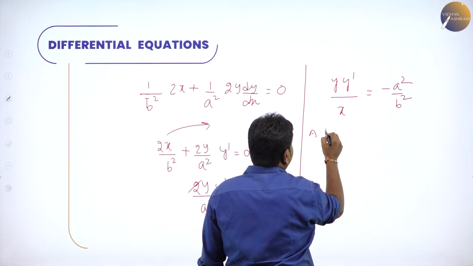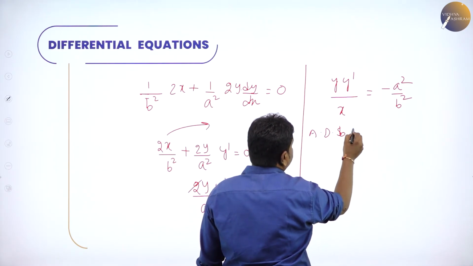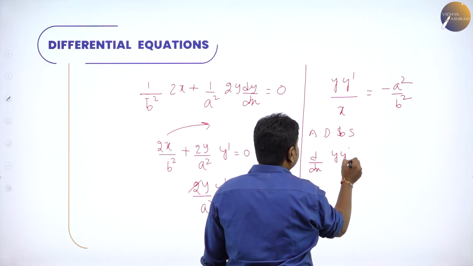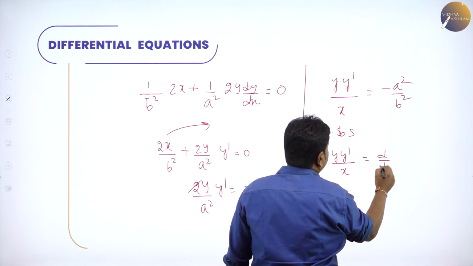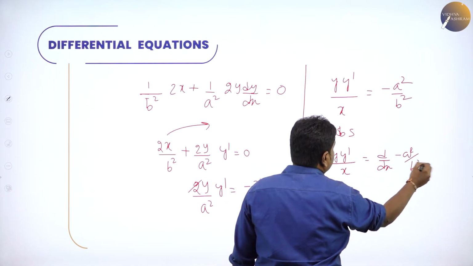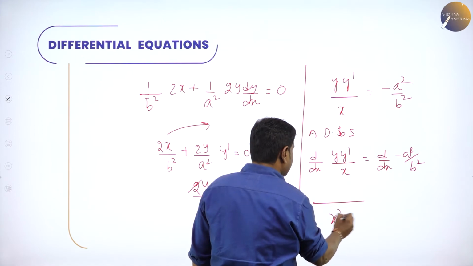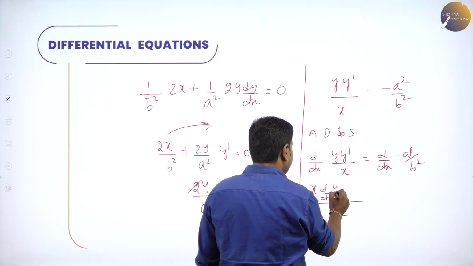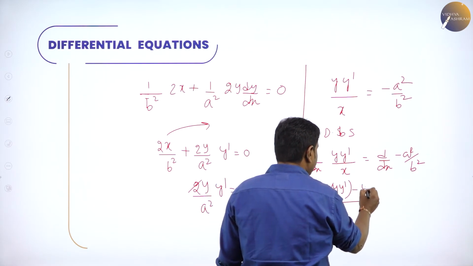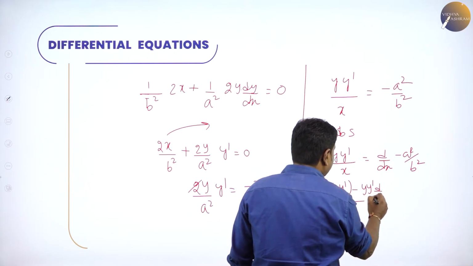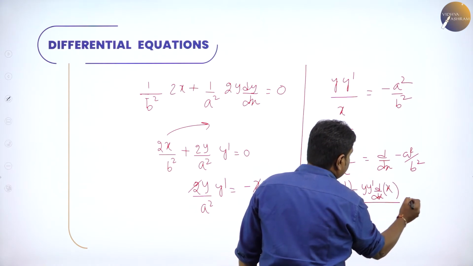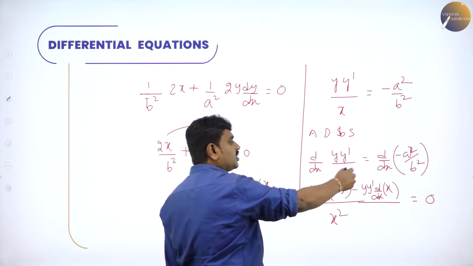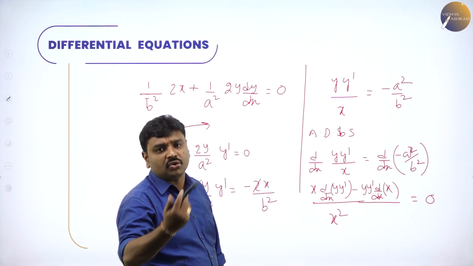So again differentiate both sides. LHS: d by dx of y dash by x. RHS: d by dx of minus a square by b square. So this is the quotient rule: denominator into derivative of y dash, and again you should use the product rule, minus y dash into derivative of the denominator, is equal to 0. d by dx of, because a square is constant, b square is constant, constant by constant is constant, and the derivative of a constant is 0.